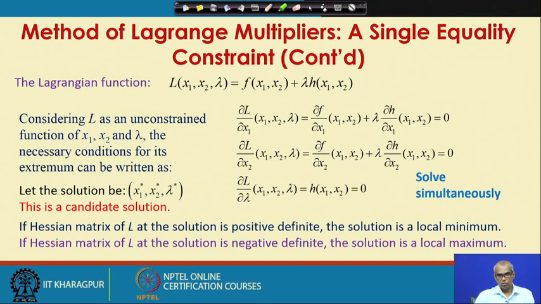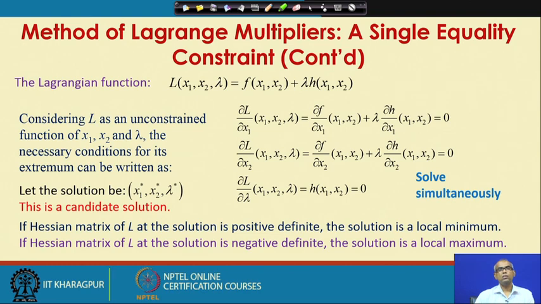So, the first thing to do is to form the Lagrangian function. The Lagrangian function can be easily formed from the objective function, the Lagrange multiplier and the constraint. Then apply the first order necessary conditions: take the partial derivative of the Lagrangian function with respect to each variable, set them equal to 0.